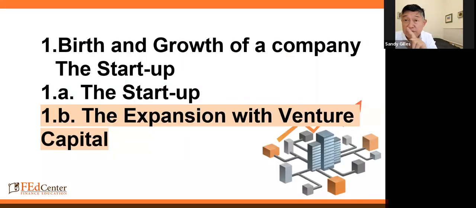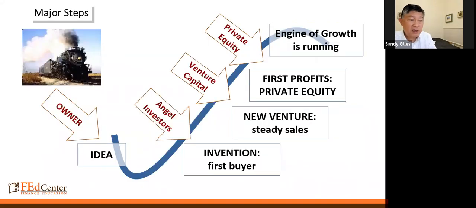Right? So after discussing the startup, let's talk about expansion with venture capital. That would be additional money for building in new sites or additional money for putting out a new product line or additional money for going nationwide until you finally have profits.